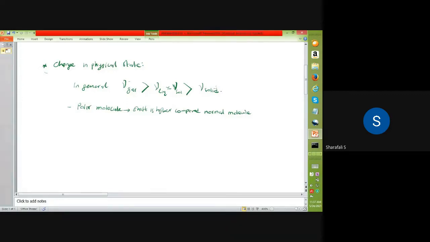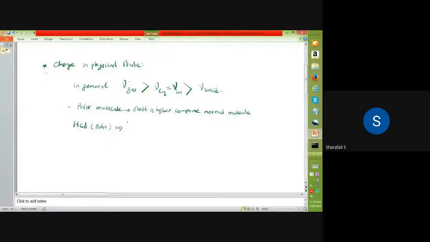Okay? We are talking about physical state change. So for example, if you consider the HCl molecule, it is a polar molecule, and it will produce a change in frequency when it is going from the gaseous to liquid state.